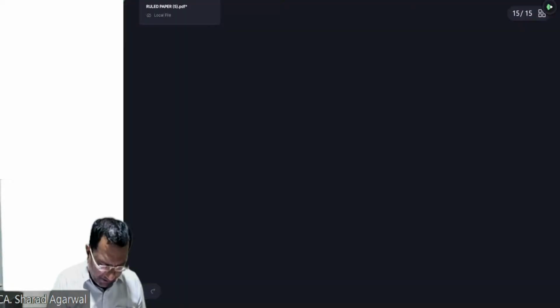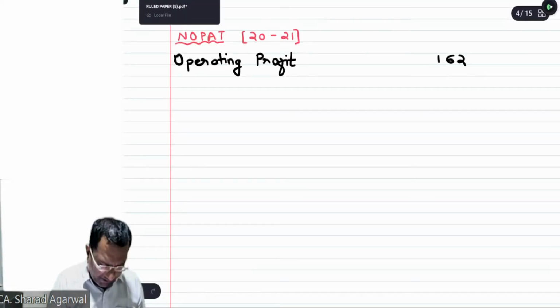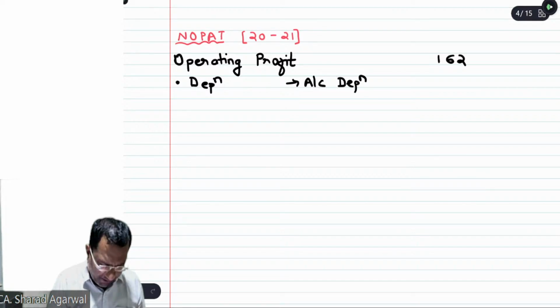So please give the adjustment of depreciation. In depreciation, the accounting depreciation will be added back. And what is the amount of accounting depreciation? It's 118.